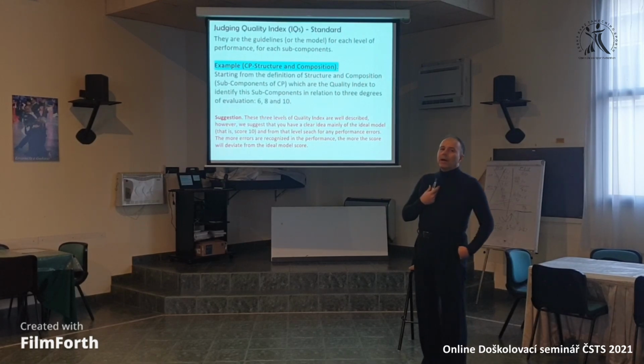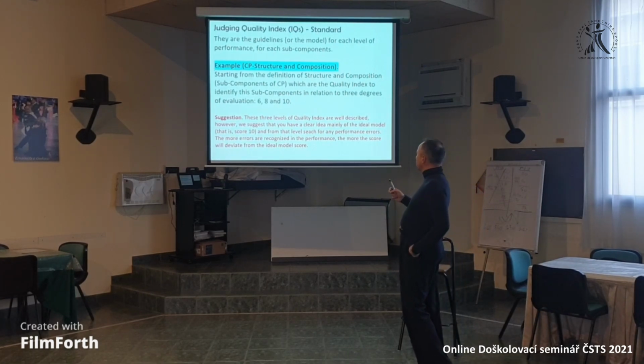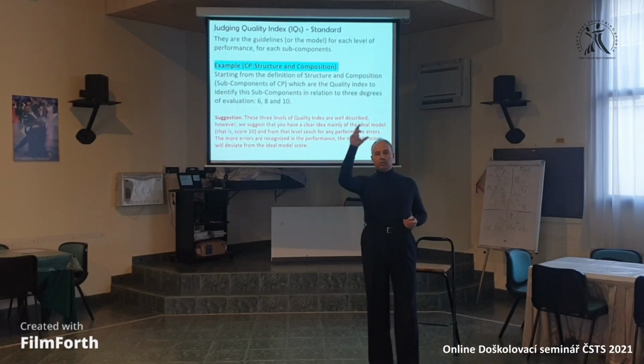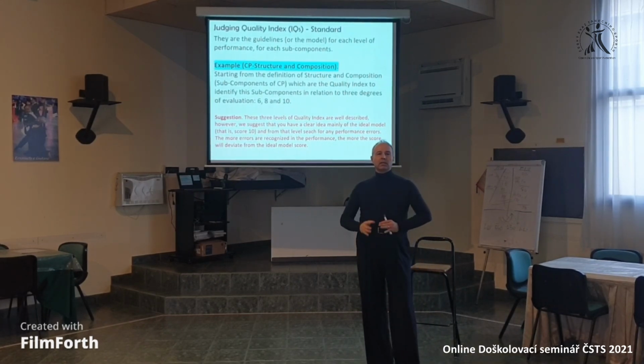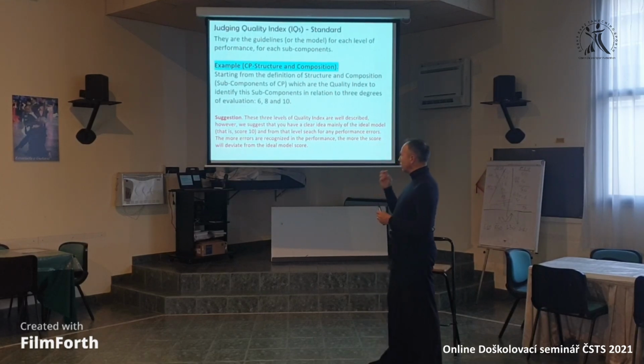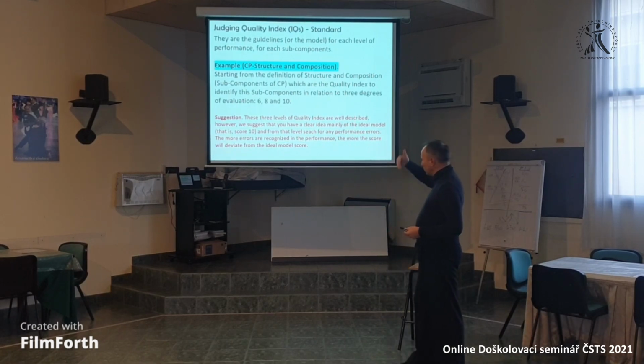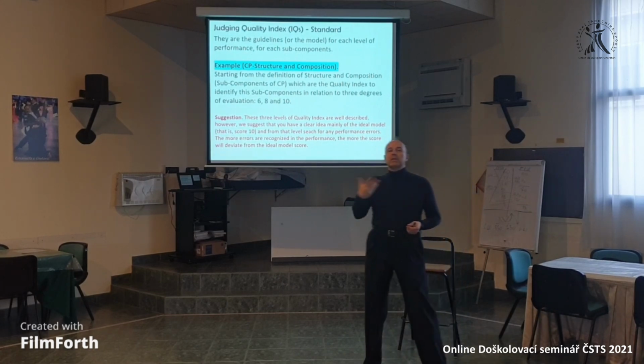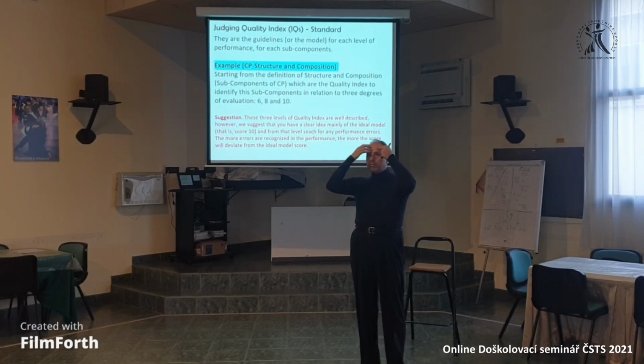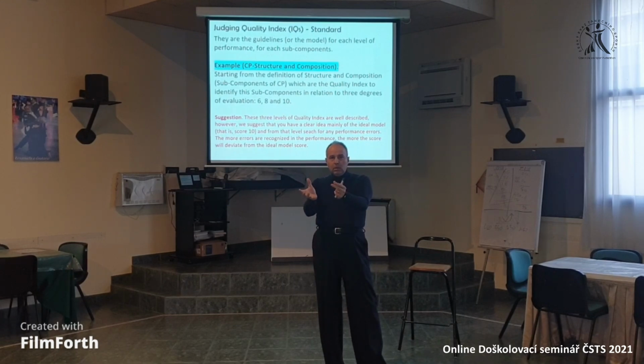However, my suggestion is that you have a clear idea of one of the scores. Again, the main one, the 10 score, because when you have the 10 score in mind, you find automatically the ideal performance. From that score, you go down and you find out if there is a mistake. You say, I have in mind the 10.0, okay?